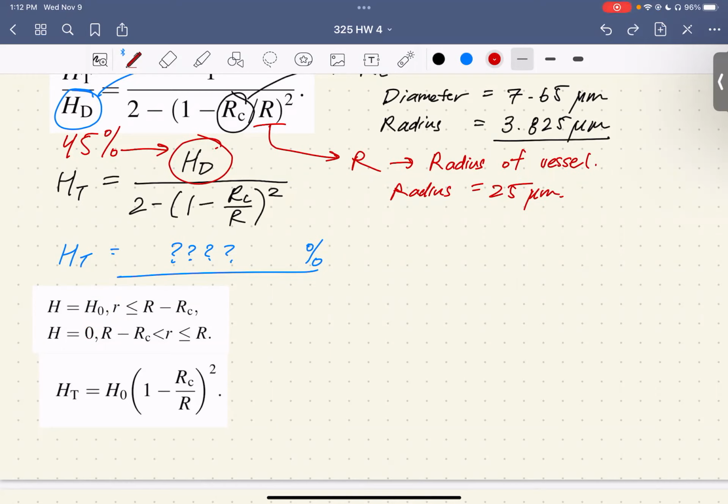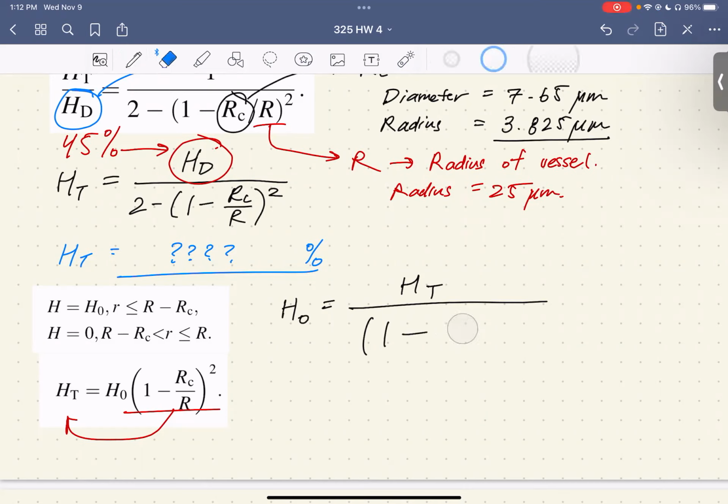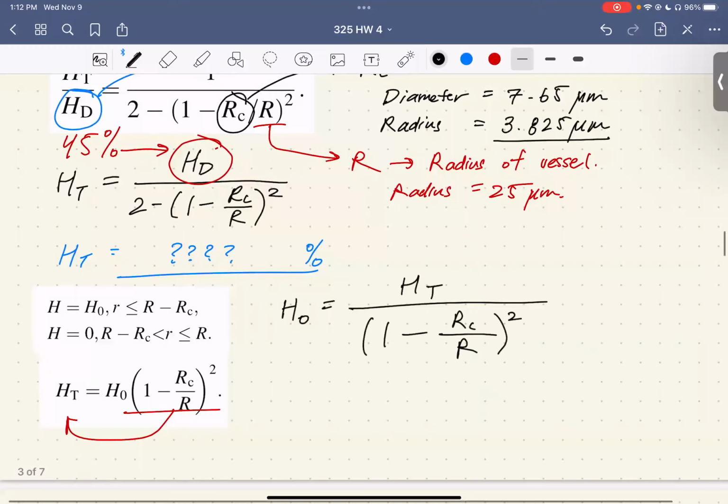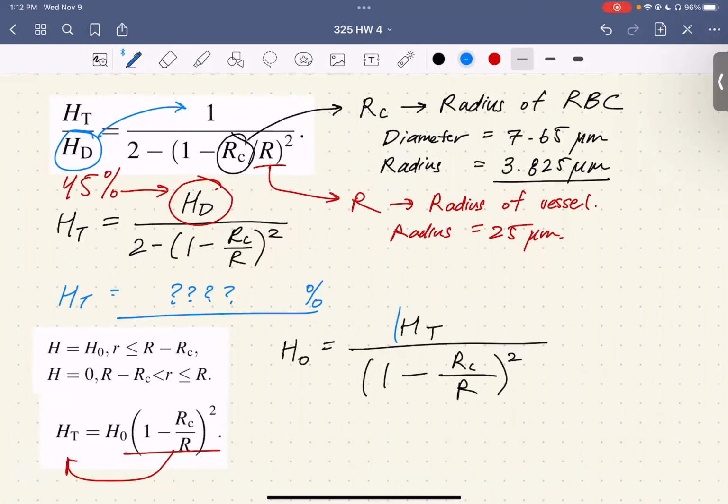Great. So essentially now let's rearrange this to solve for H0. Essentially what we would do is bring this term over here and we will have an expression that looks like this. I'm going to write it out right over here. So we have H0 equals HT over 1 minus radius of the red blood cell over R. And essentially, we will use the HT value that we find right over here.